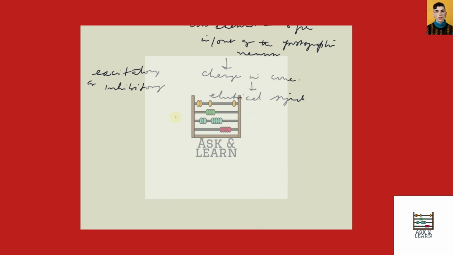And if this postsynaptic potential reaches a certain threshold, an action potential is generated and the signal is transmitted along the postsynaptic neuron, and the neurotransmitters are then removed from the synaptic cleft.